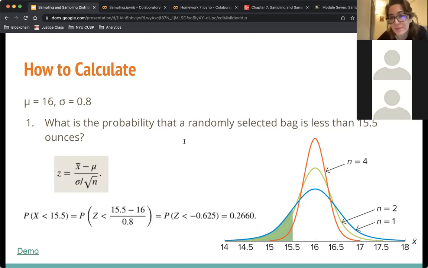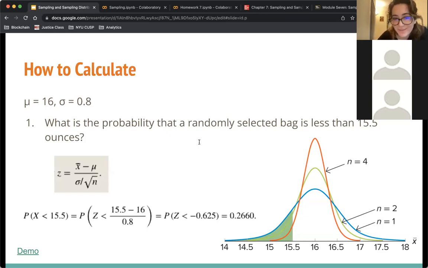This figure represents what that distribution would look like, given a sample of 4 bags of chips, or 2 observations, or just if we took 1 bag of chips and measured the weight of it. Using our formula, we can manually calculate the probability of seeing a 15.5 ounce bag of chips by using the mean and standard deviation, and then using a z-score table to calculate the probability.